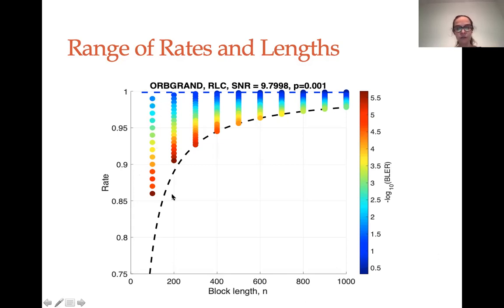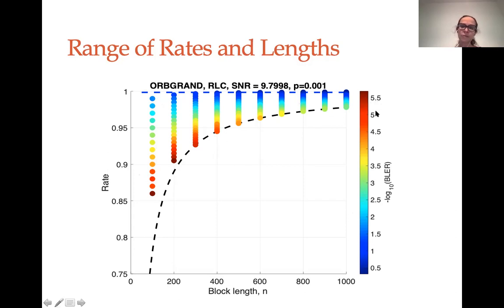By the way, again, we're using a heat map here where cool colors indicate low probability and warm colors indicate high probability. This is probably a block error rate. And what you can see here is that, of course, lower rates correspond to somewhat lower block error rates.